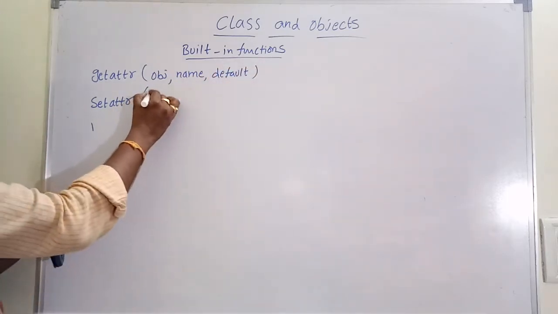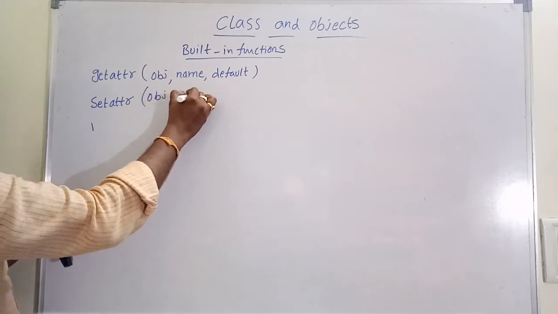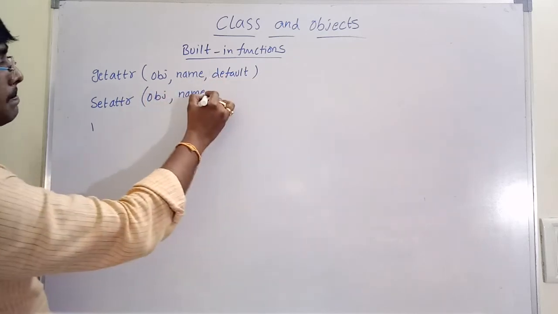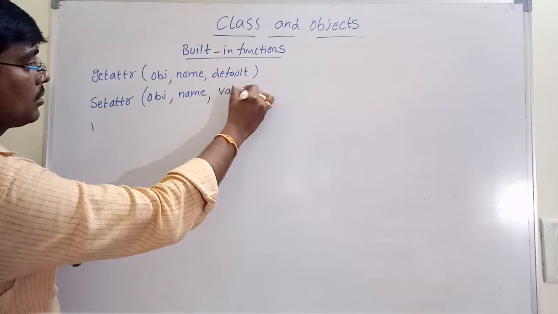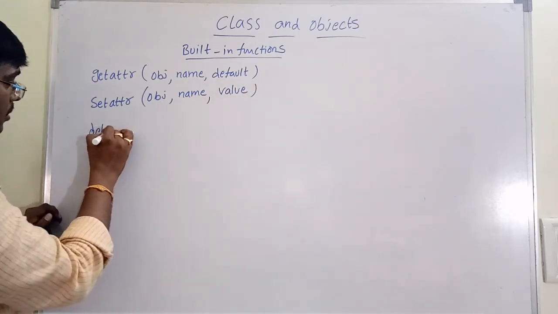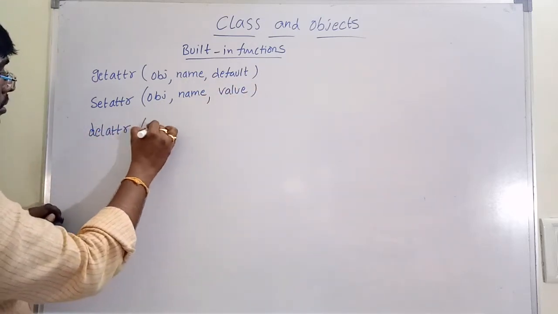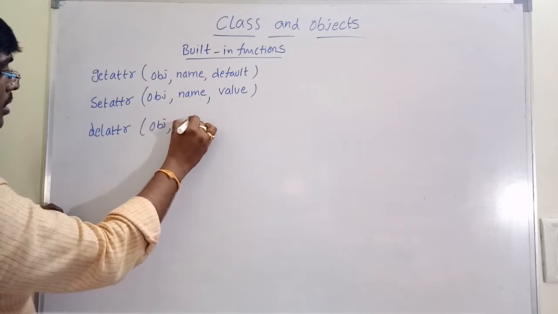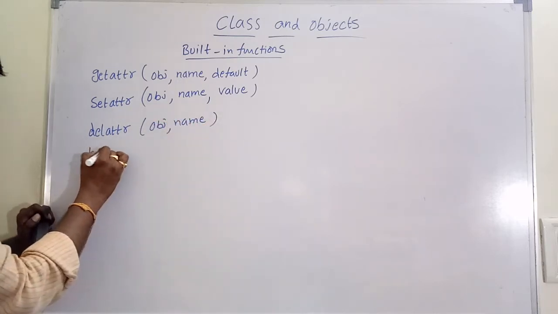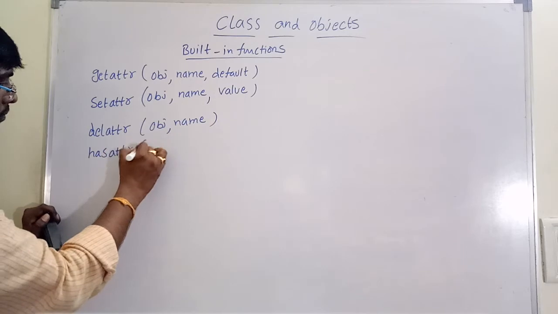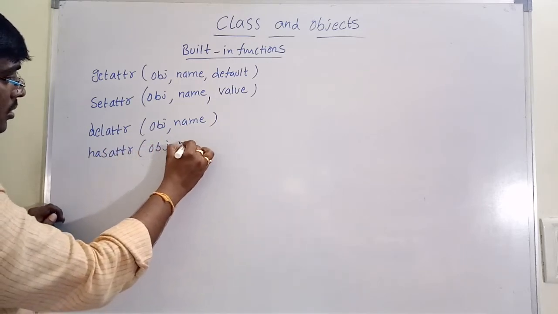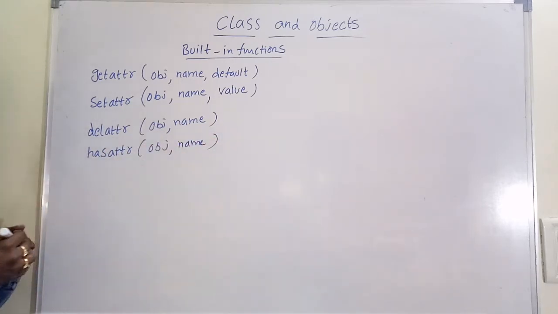Set attribute takes the object name, the attribute name, and a value. Delete attribute takes the object name and the attribute name. Has attribute takes the object name and the attribute name. So these are the built-in functions that are available in classes.